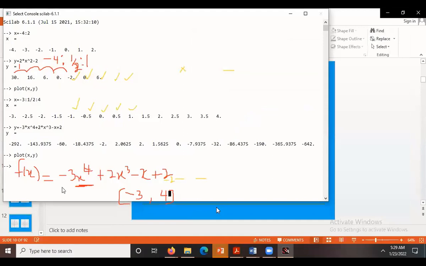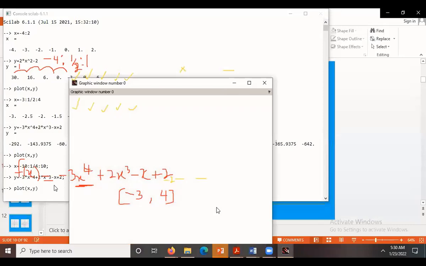I'm going to change it from -10 to +10. Then I'm going to have the same function again. So y is this, and then I'm going to plot x and y.